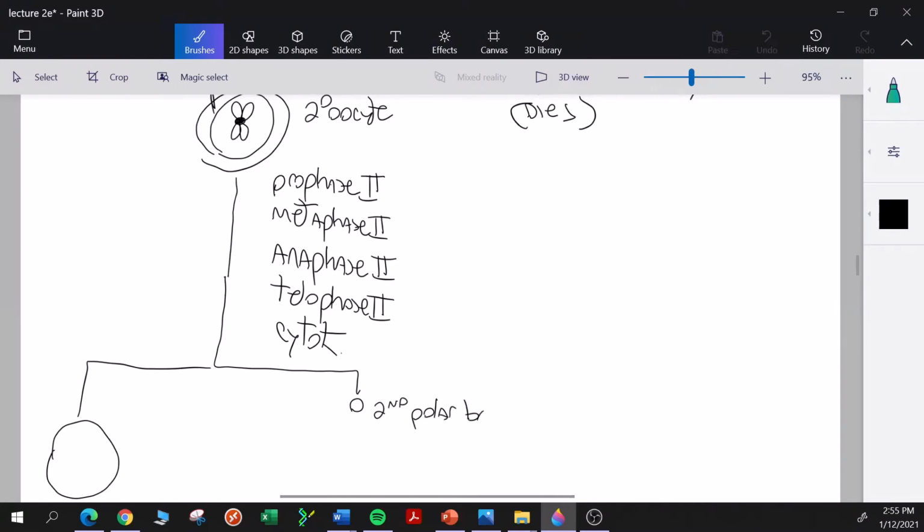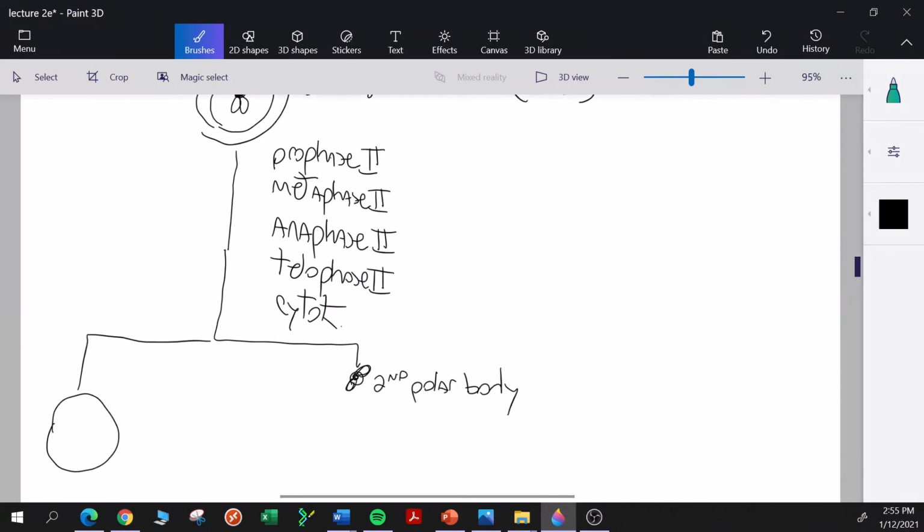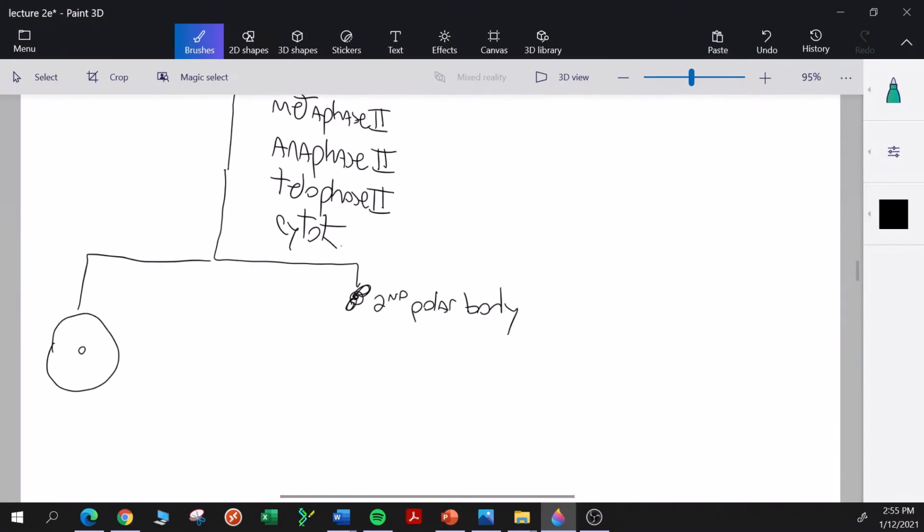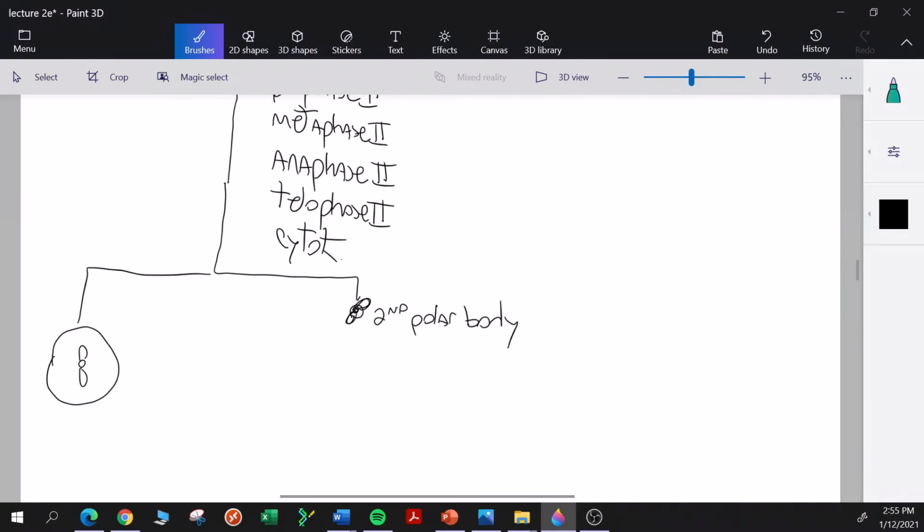One set of chromosomes goes there, but most of the cytoplasm goes to the other product of meiosis 2. And this is going to be what we will call the ova.